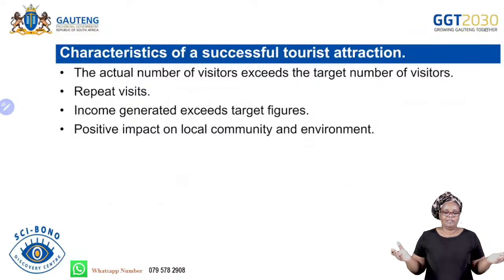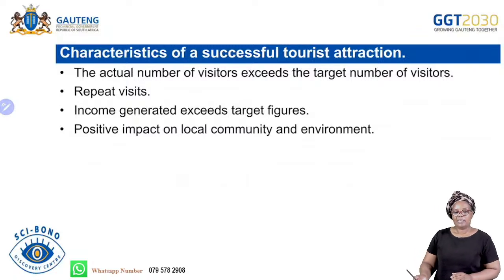That's why at the end, their lifestyles will be improved because they'll be getting their salaries, their wages, and remember, we talk about the multiplier effects. So they'll get money and money will be spent in the community on different things. That's whereby they will protect the attraction.